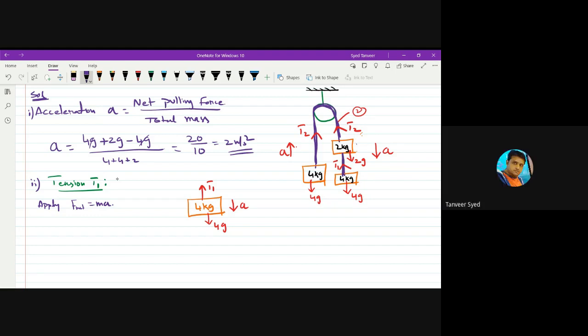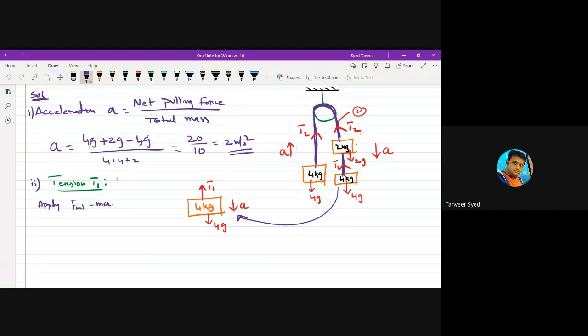Moving, sir. In which direction? Downwards, sir. Which 4 kg block is this, left one or right one? It is this 4 kg block. If it is moving, that means a force must be there on it. Which force is responsible, 4g or T1? Only 4g. T1 is not doing anything.